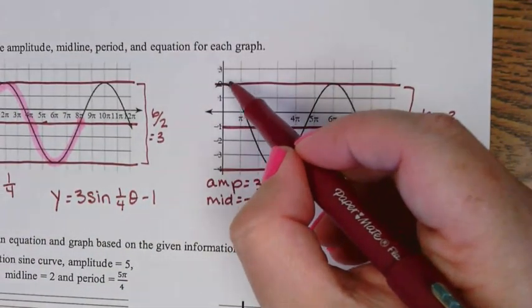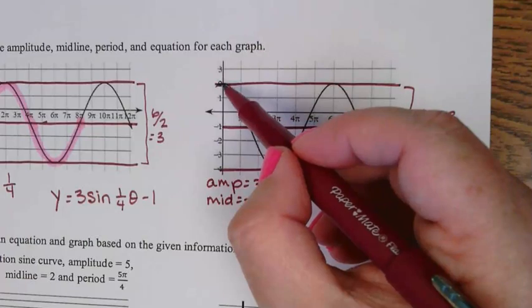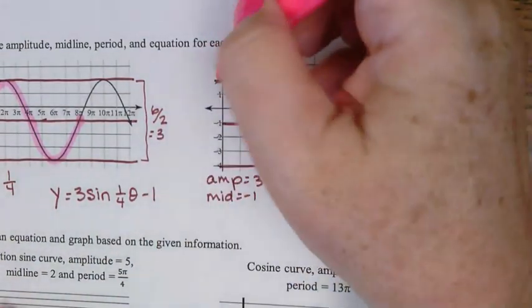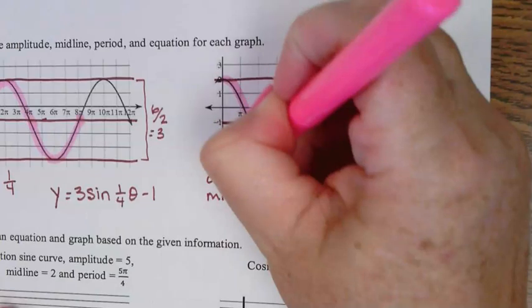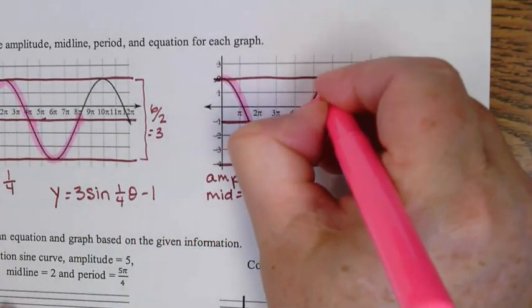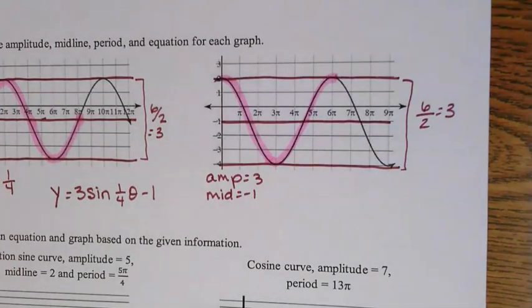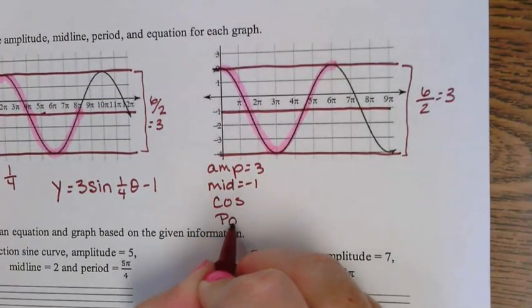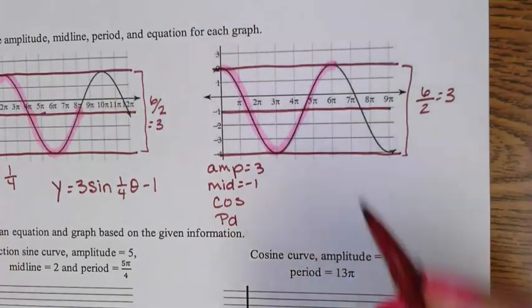Does this graph start at the top, at the highest point? And the answer is yes. So this is going to be cosine. And we know cosine goes up. You go high, you end high. So we know it's cosine. And we know our period's going to be 6 pi.